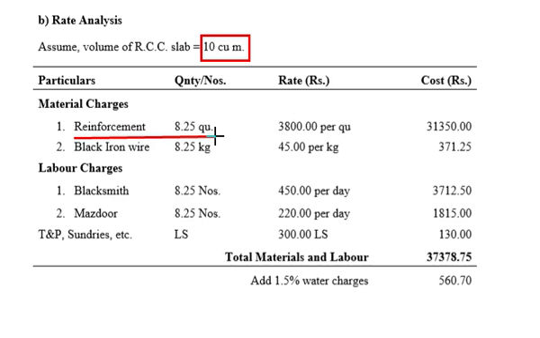Quantity 8.25 quintal. Rate 3800 per quintal, or we can say 38 rupees per kg. So the total will be 31350. Black iron wire 8.25 kg, at 45, it will give you 371.